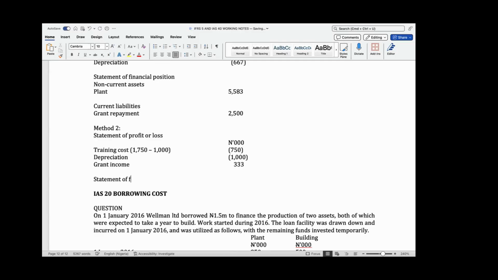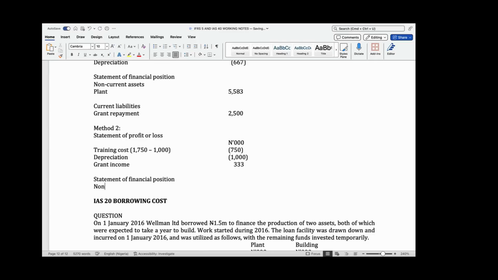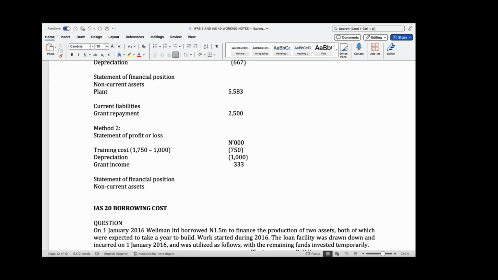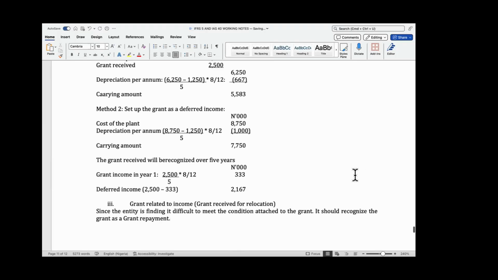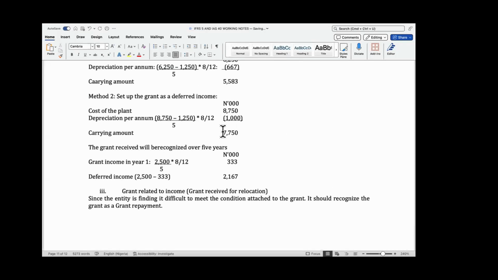In my statement of financial position, under my non-current assets, I have my plants. What was the carrying amount?